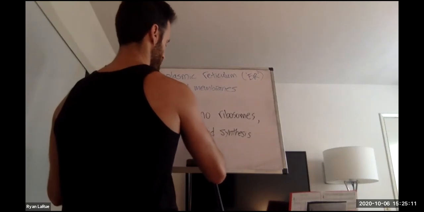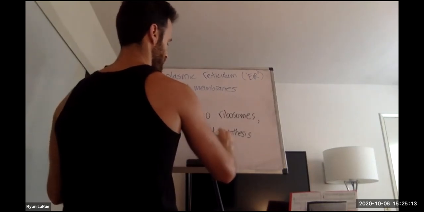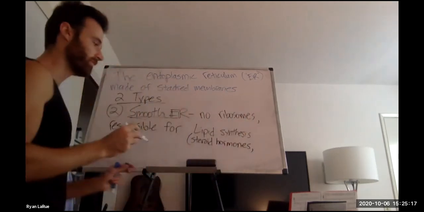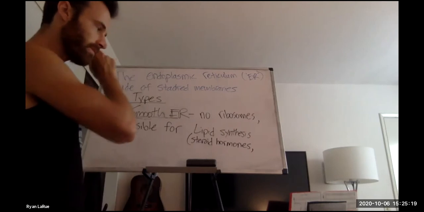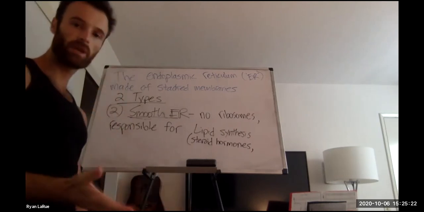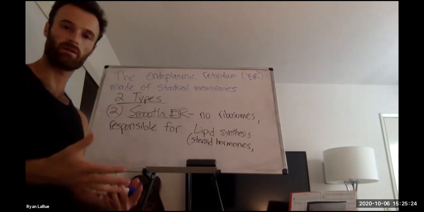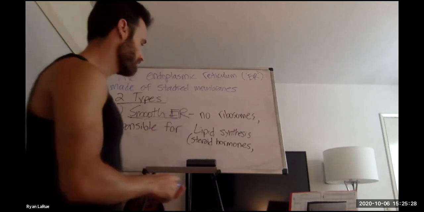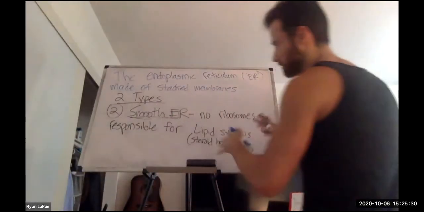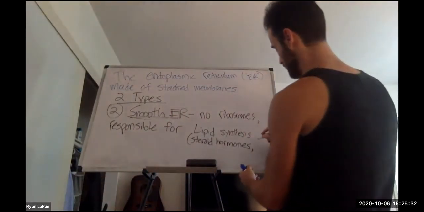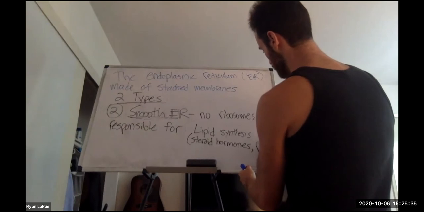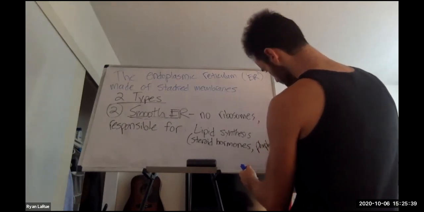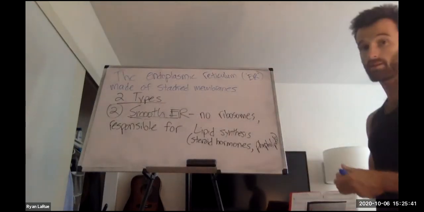So we could write steroid hormones as an example. Also, membranes themselves are made of what we discussed last time, phospholipids, right? Those are also going to be made by the smooth ER. So, phospholipids for membranes.